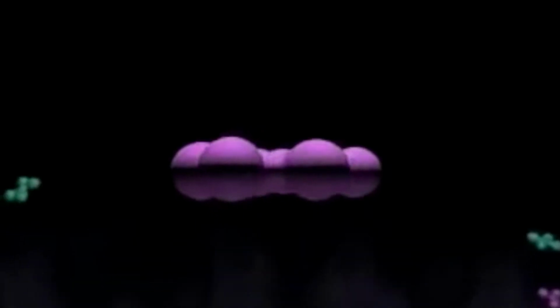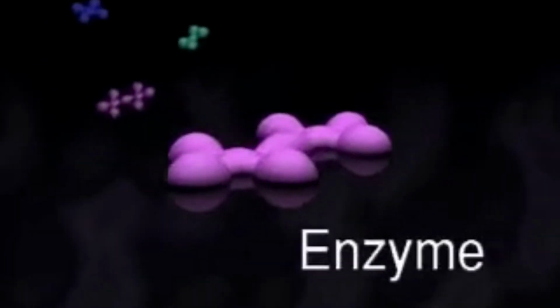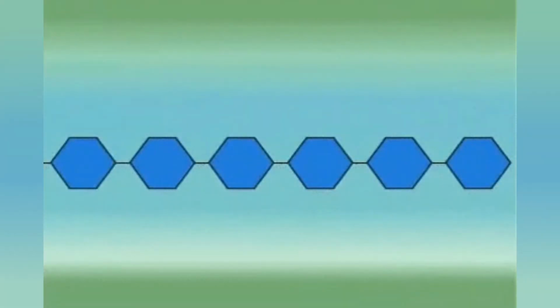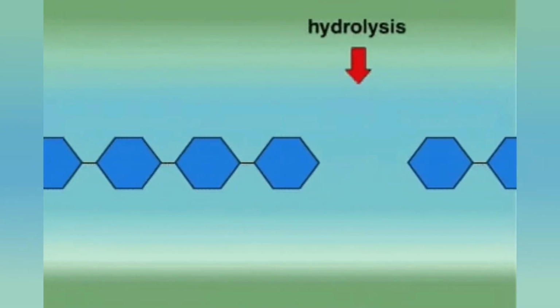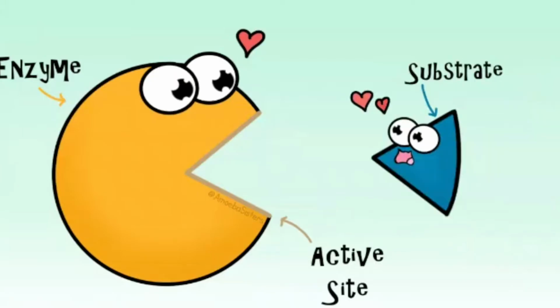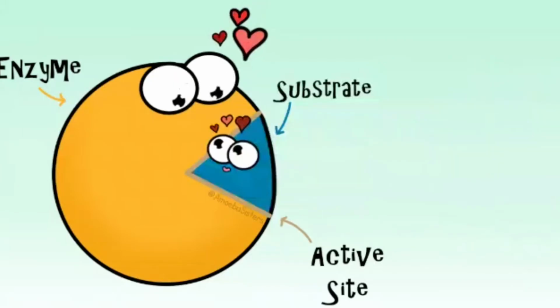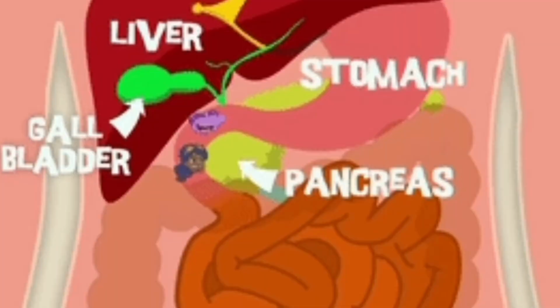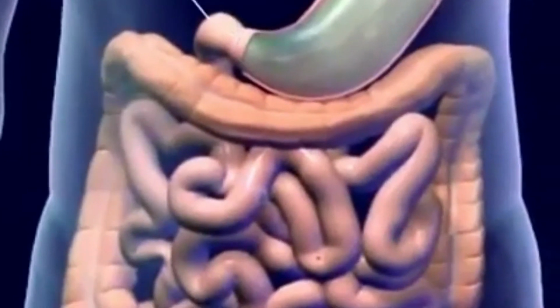The polysaccharide, that is the starch, which is not yet hydrolyzed in the mouth, is changed into disaccharide by the action of the pancreatic amylase. The nucleic acid present in the food turns into nucleotides and then further into nucleosides by the nuclease enzyme released by the pancreas.